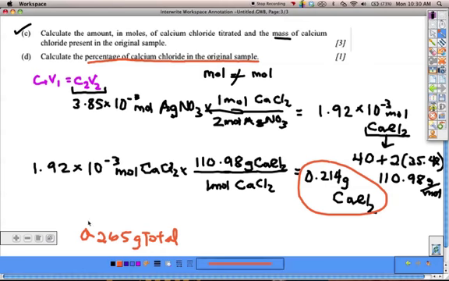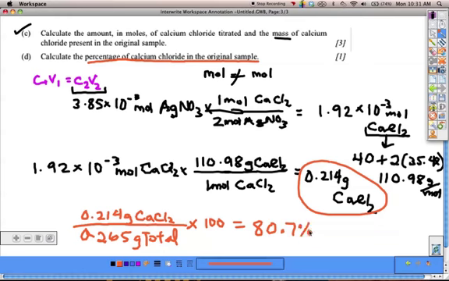And on the top, we'll go how much calcium chloride I have, 0.214 grams. And since I'm looking for a percentage, I'm going to multiply this by 100. And I get a percentage of 80.7. So of my mixture, approximately 80% of it was calcium chloride.